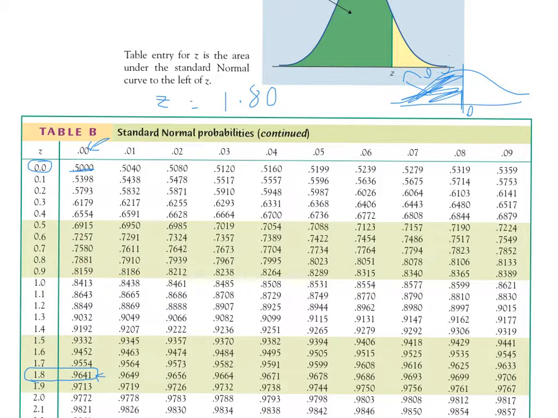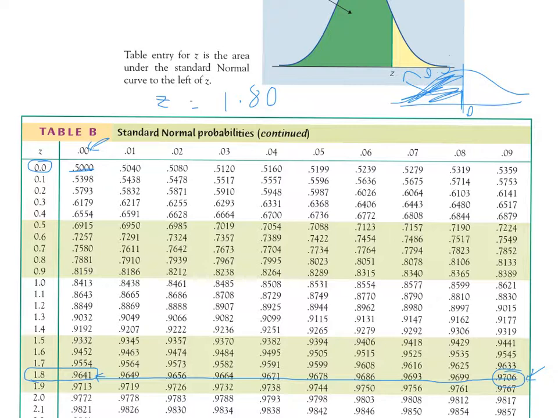If I wanted to go to 1.89, then I would keep going down this row and stop at 0.09. That would be the area to the left of 1.89, and it would be 0.9706.